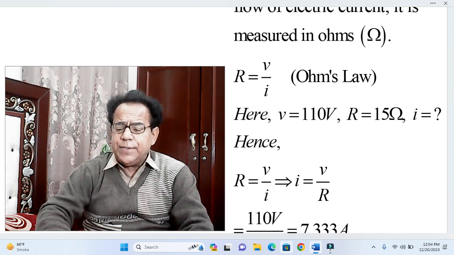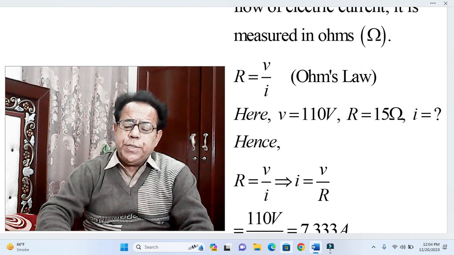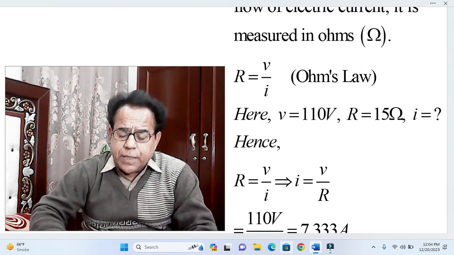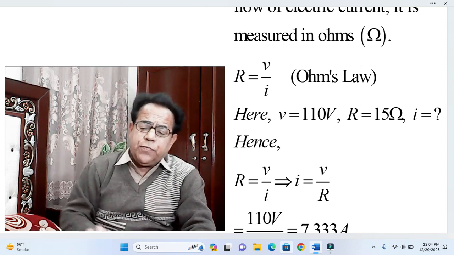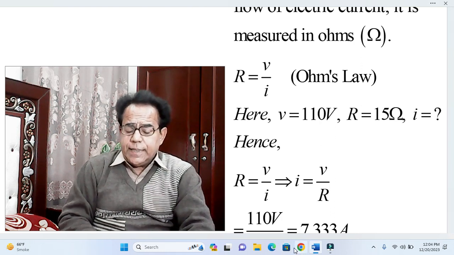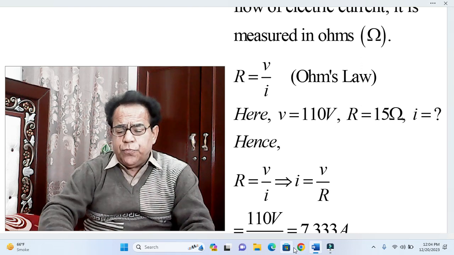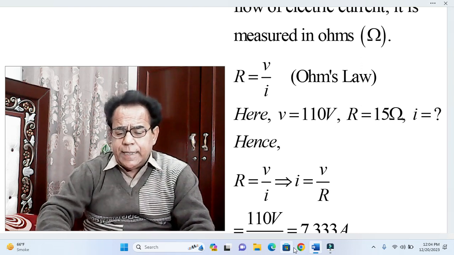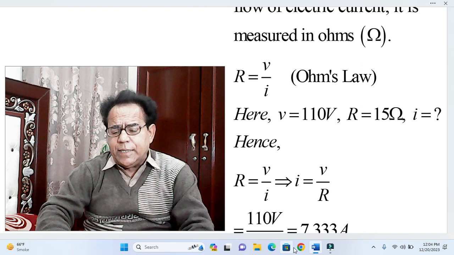While I is to be determined, current is to be determined, we are going to find out the value of current. Hence, resistance R is equal to voltage V over current I. This implies that I is equal to V over R.